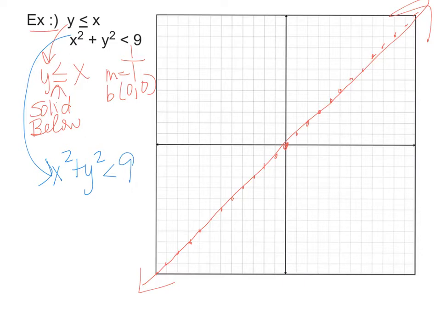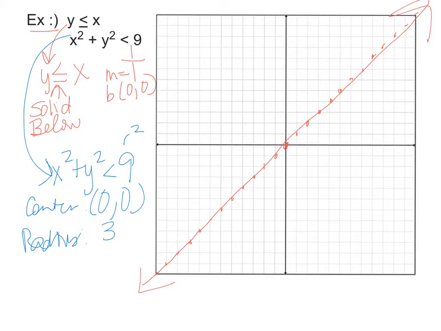So I want to come up with my center for the circle. Remember, the center is next to the x and the y. And if there's nothing there, then what would my center be? 0, 0. Awesome. What about the radius? Yes, because it's a squared, right? This is my r squared. So my radius here is actually a 3.